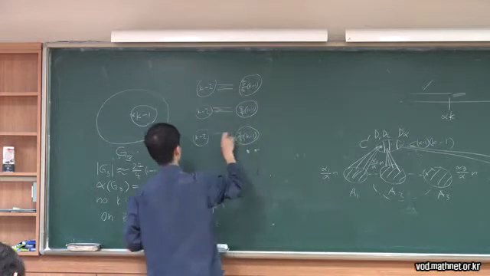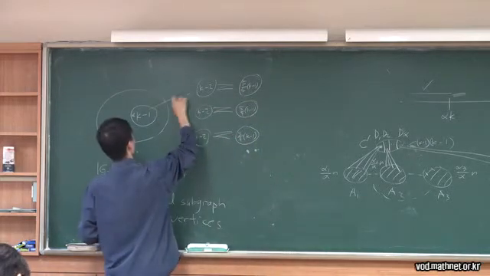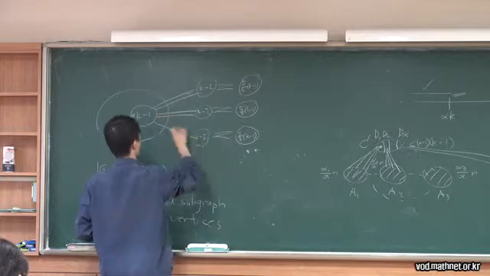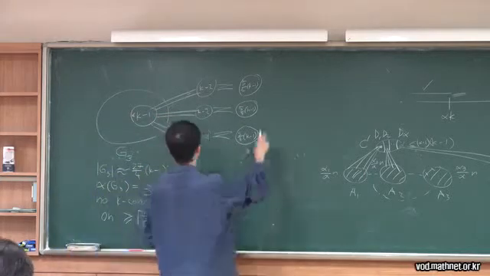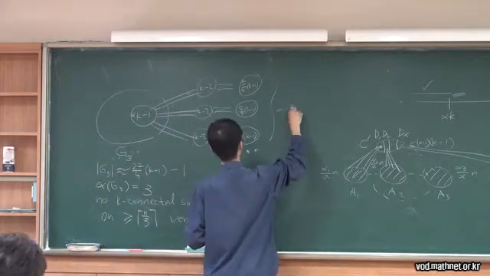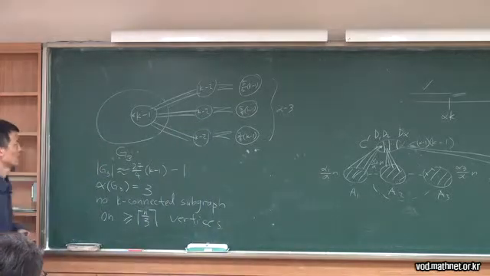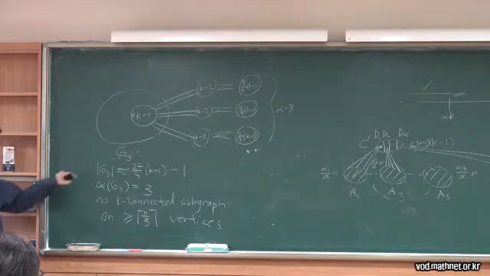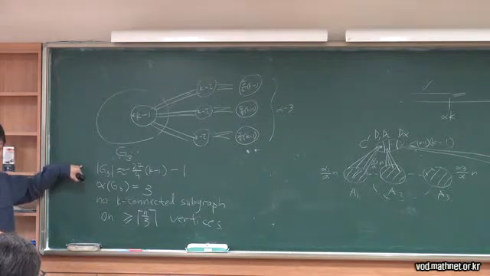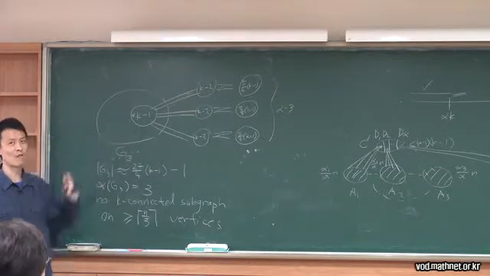And how many of these are there? Alpha minus 3 of these. So that was her construction. Assuming G3 exists, this will be G alpha.